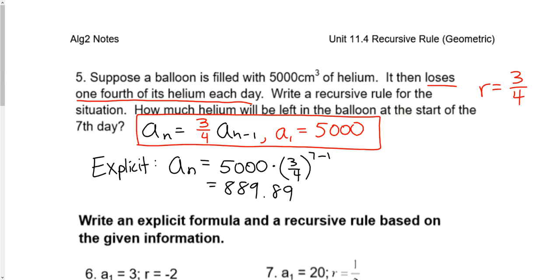And this is cubic centimeters. So guys, that's really not a big number because we start off with 5,000. So the balloon shrunk. It's only got 889 left out of the 5,000 after 7 days.